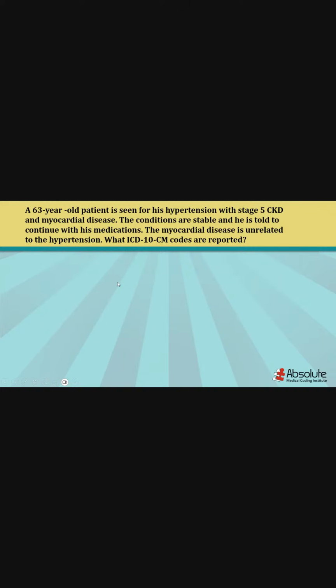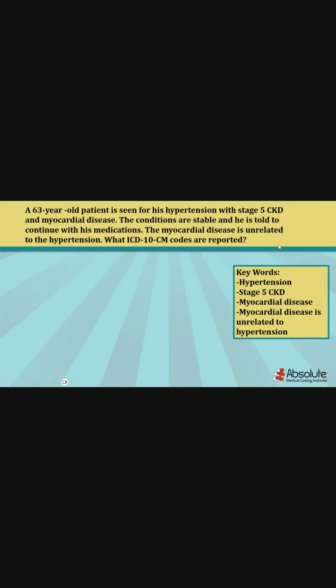Okay, so again, this scenario: a 63-year-old patient seen for hypertension with stage 5 chronic kidney disease and myocardial disease. The conditions are stable and he is told to continue with his medications. The myocardial disease is unrelated to hypertension. What we're taking out of there: the hypertension, stage 5 chronic kidney disease, myocardial disease, and that the myocardial disease is unrelated to hypertension.